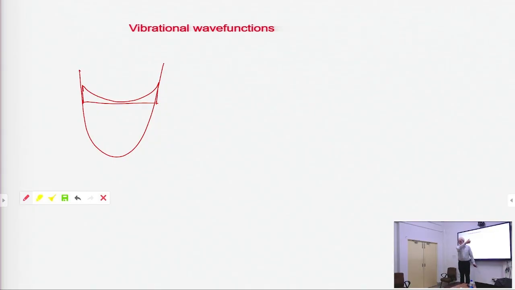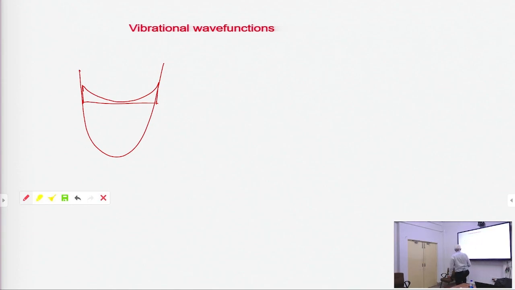You don't normally do classical mechanics in terms of probabilities, but we're going to do quantum mechanics, so it's good to think about. It would look like that, with the biggest probability at the turning points, and of course it doesn't go outside the turning points, because classically you can't do it. So that's what a classical harmonic oscillator looks like.